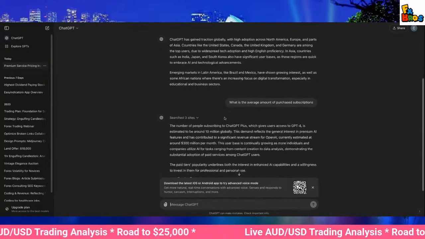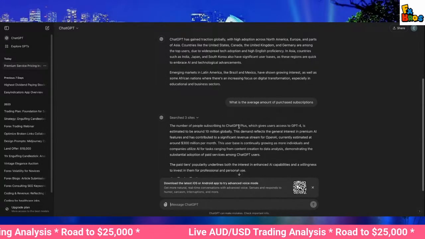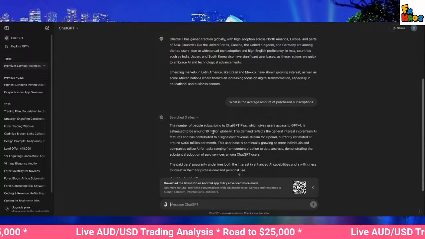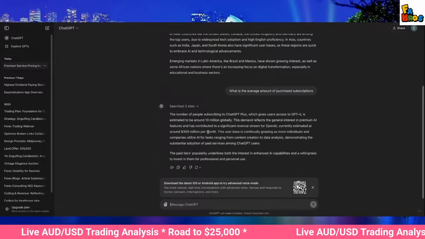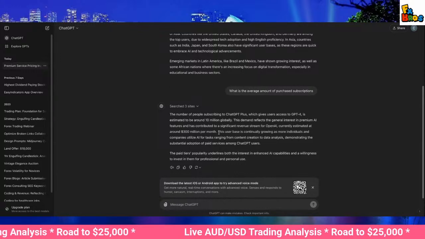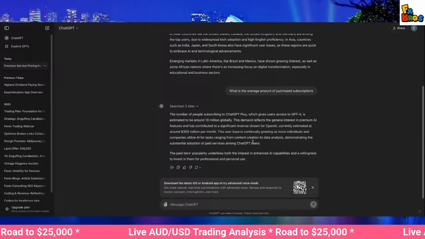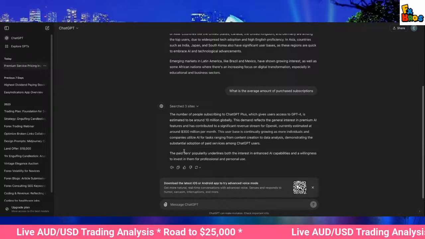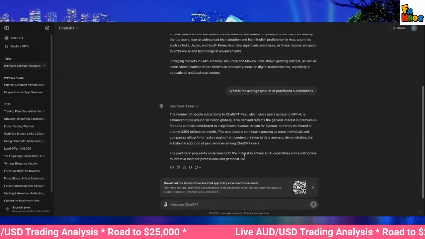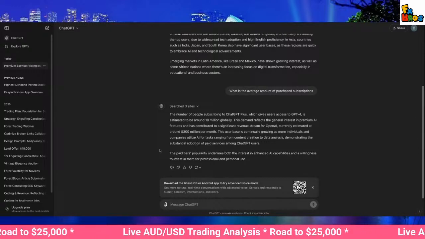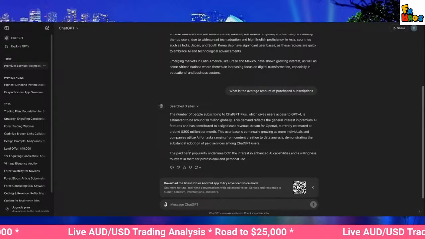They're saying the number of people subscribed to ChatGPT Plus, which gives users access to GPT-4, is estimated to be around 10 million globally at 300 million per month. User base is continually growing. Substantial adoption. The paid tiers' popularity underlines both interest and enhanced capabilities, and the willingness to invest in them for professional and personal use.